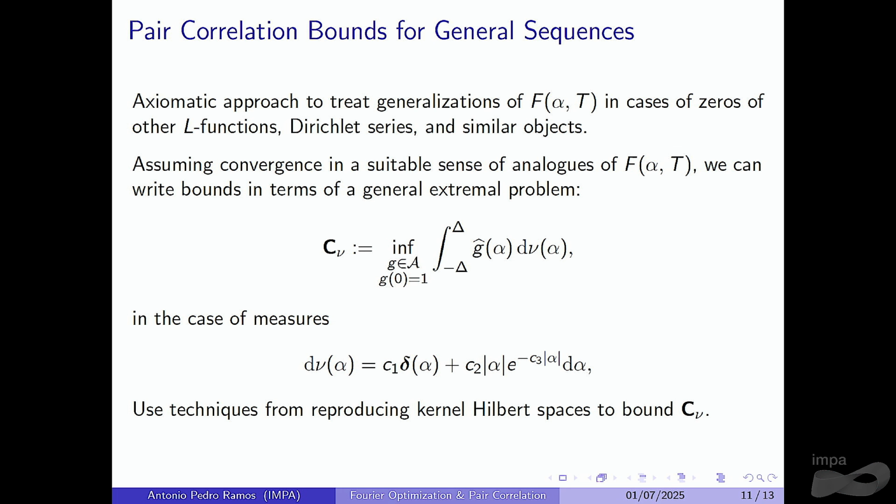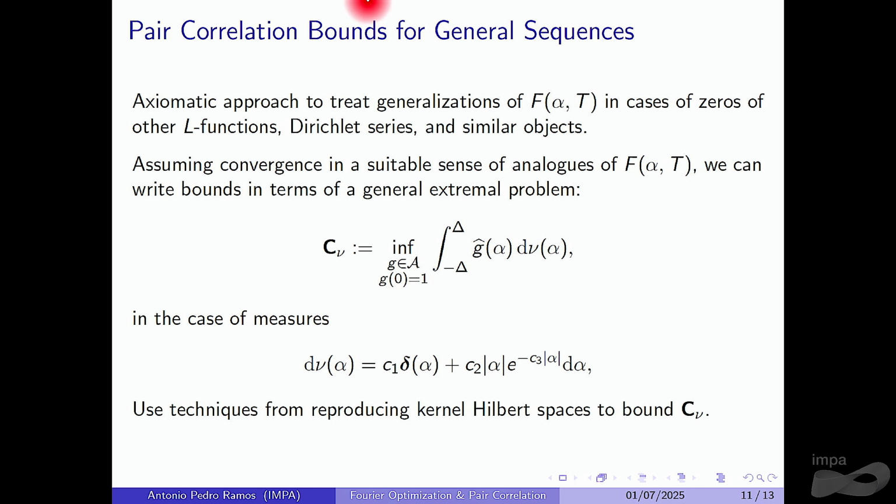So, for those of you who know some analytic number theory, other Dedekind zeta functions or primitive elements of the Selberg class, or in general Dirichlet series and similar objects, because to use our method, we are using very weak conditions on these sequences of zeros, which are all shared among all these objects.